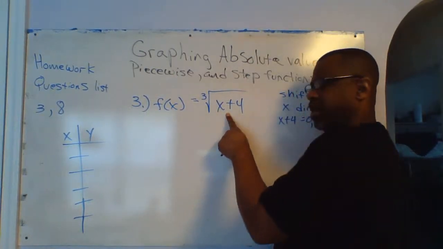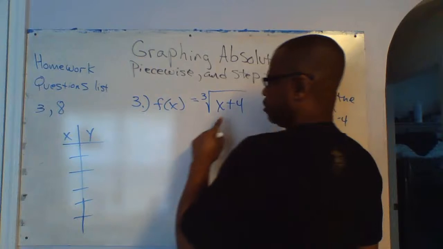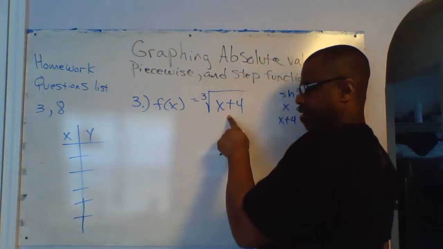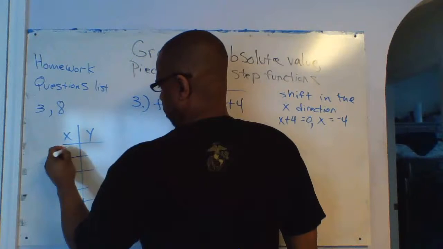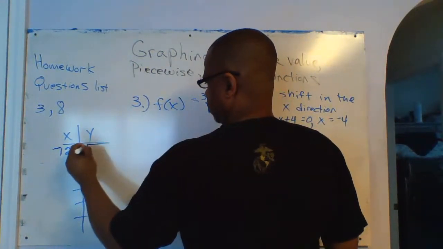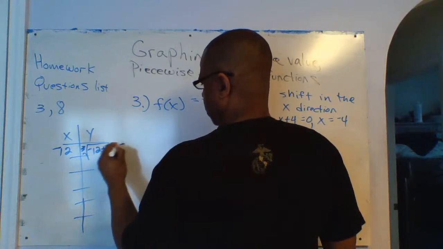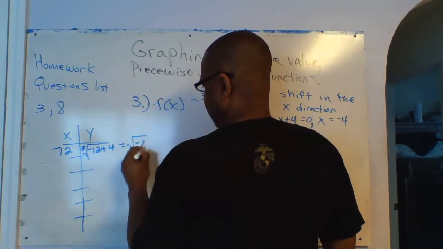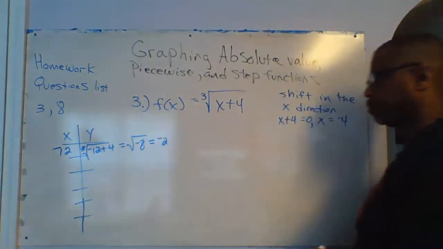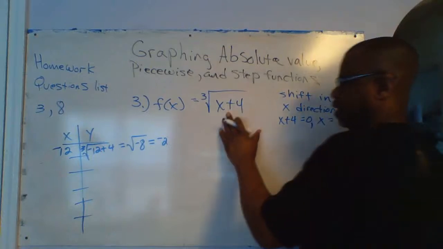I know -8 is a perfect cube, so I have to figure out what to plug in to make what's under here -8. I'm going to try -12. The cube root of -12 plus 4 gives me the cube root of -8, which we know is -2.